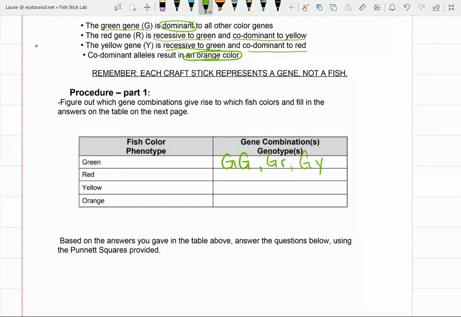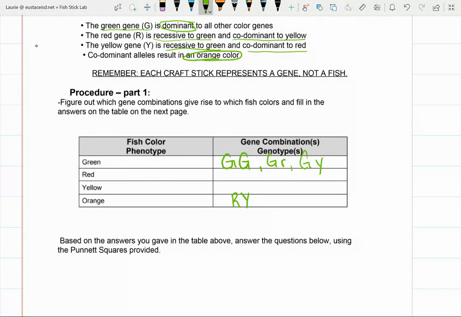It also tells us that it is codominant with yellow. So something like capital R, capital Y, because they're codominant together. Let me try writing that again. Capital R, capital Y. When they come together, they're going to make orange, so they don't make red.